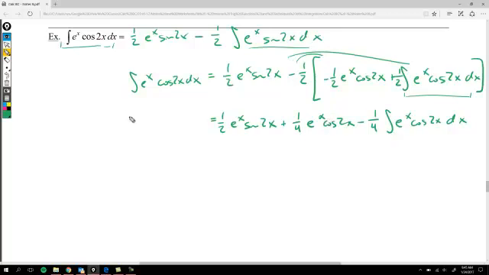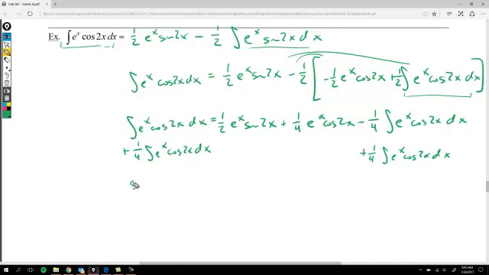Now I notice that I have like terms, and I just need to combine my like terms. The integral is the complicated part of this problem, but if I can bring my integral to the other side of the equation, which I can, because they are the same integral, so it's okay.